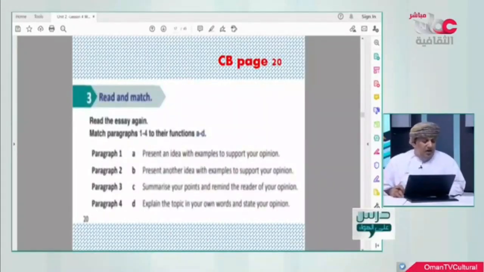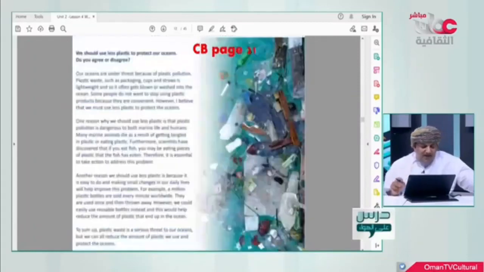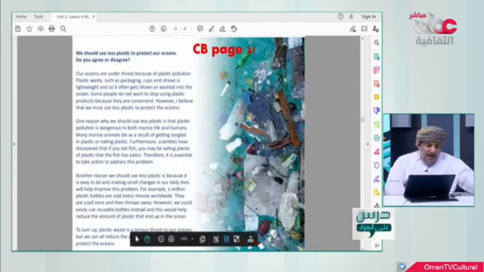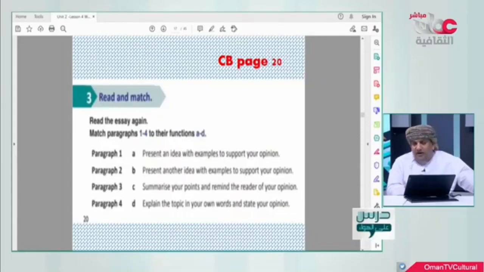Okay, now we are going to task number 3. We are going to read the essay again and match 1 to 4 to their functions. We have 4 paragraphs here on page 21: 1, 2, 3, and 4. We are going to match the paragraphs here to their functions on the right side.